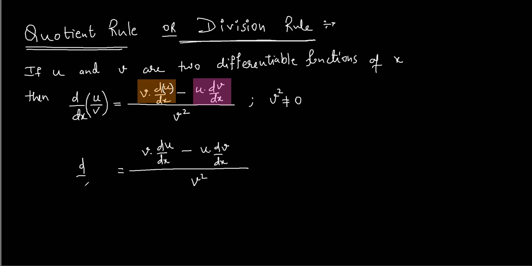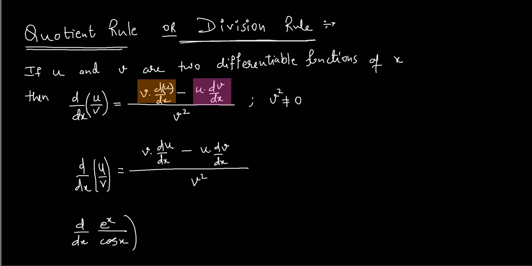This is d by dx of u upon v. Okay, I will give you an example. Suppose I have d by dx of e raised to x upon cos of x.